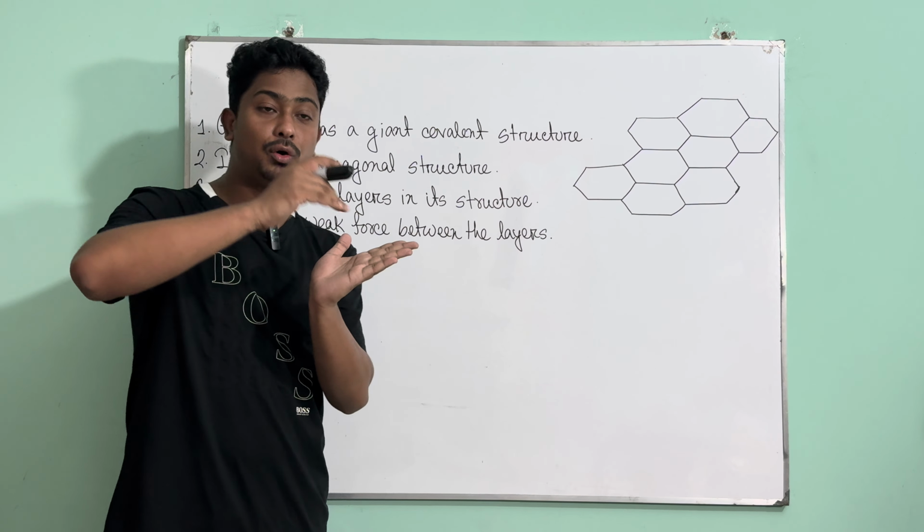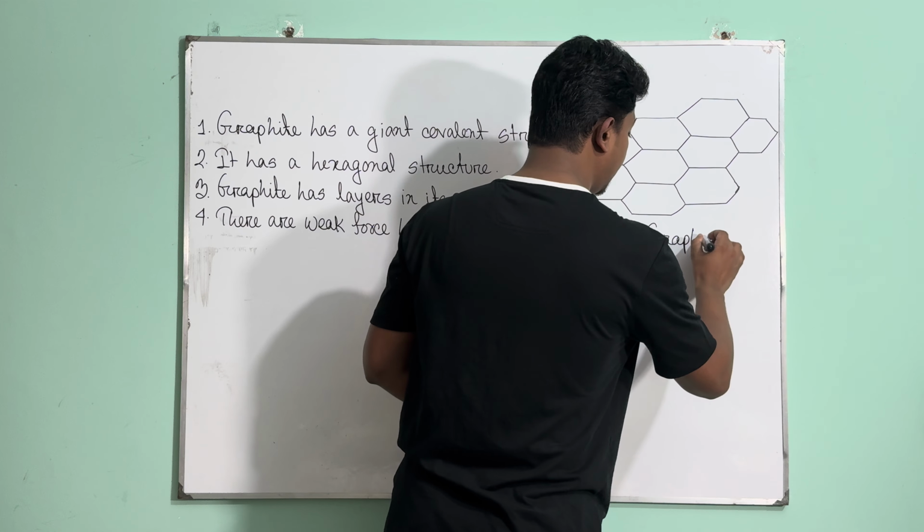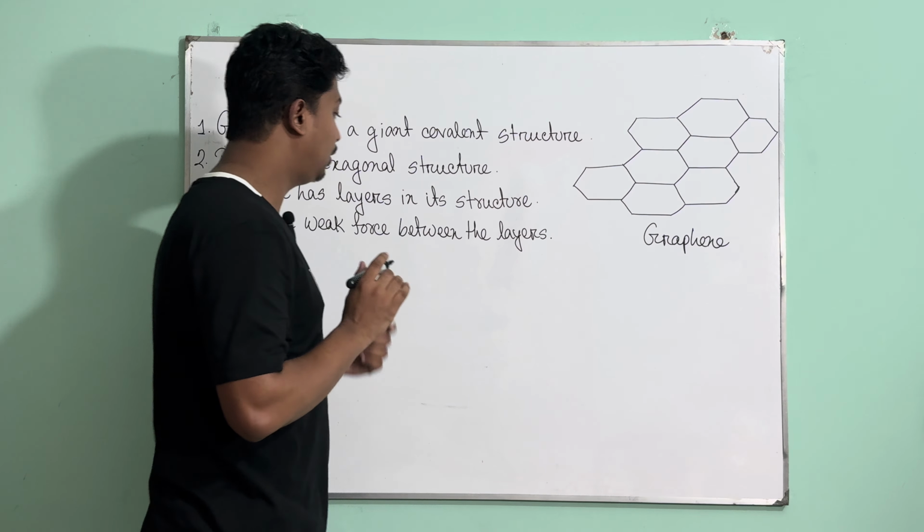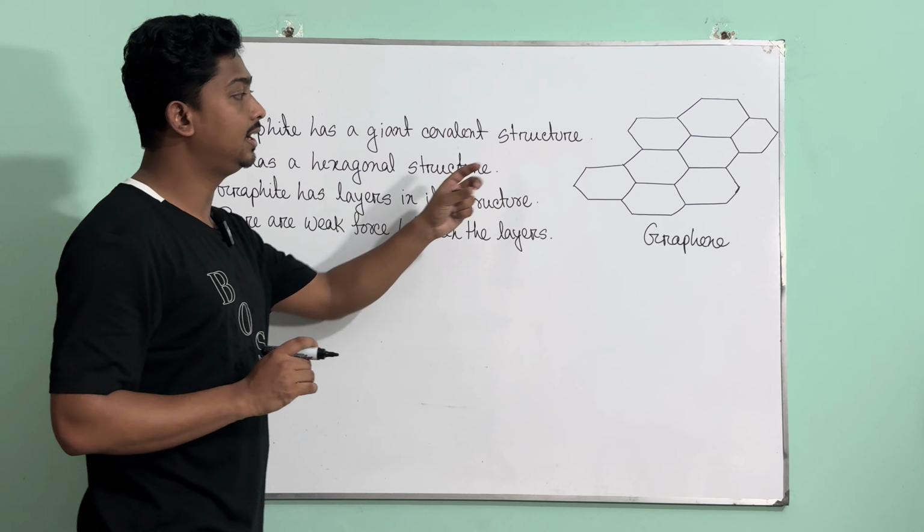So graphite has layers. The structure is in layers, hexagonal layers, one on top of another, right? One layer of graphite is called graphene. So this is just one single layer and we can call it a graphene, right? Okay, so graphite has layers in its structure.